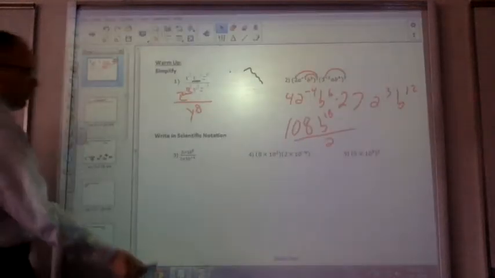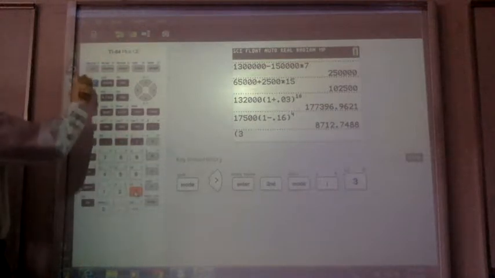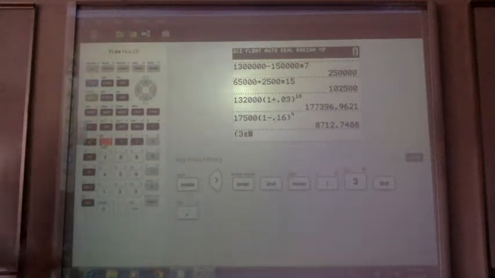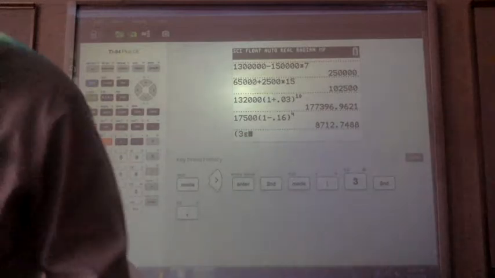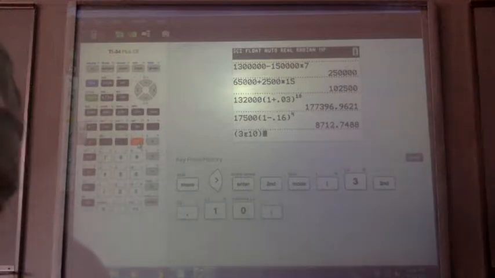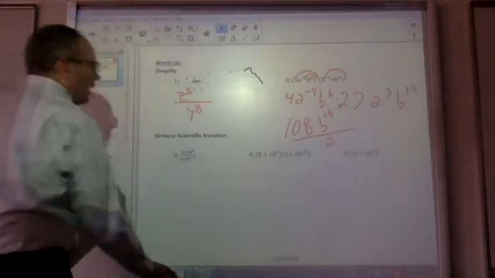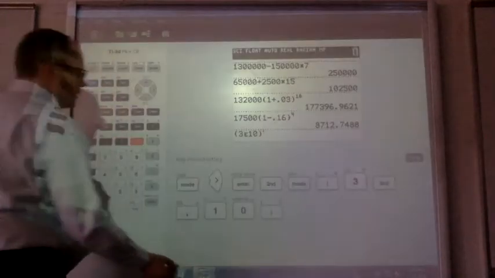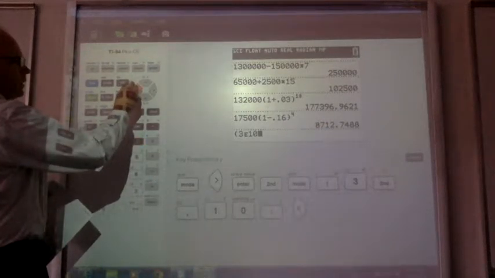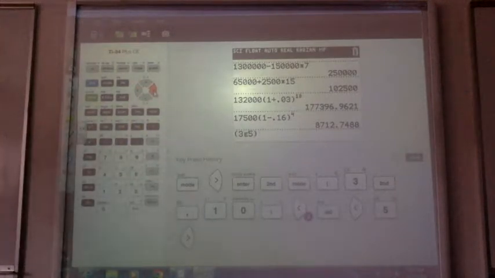Okay, so the first problem is 3 times 10 to the 5th. So you go parentheses 3, you go second e. And it's to the what? To the 5th. So 3e5 on the calculator means the exact same thing as 3 times 10 to the 5th.